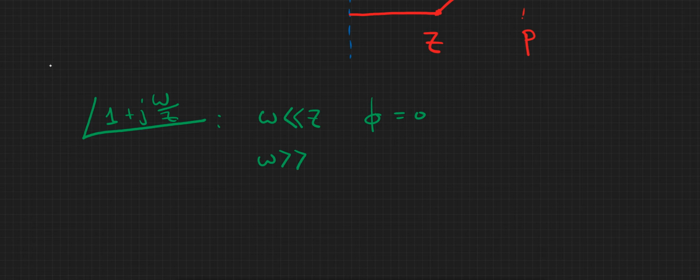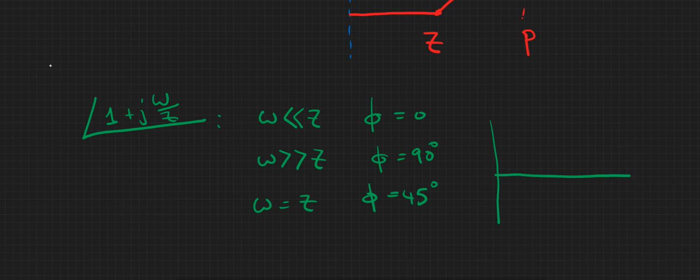When omega is much greater than z, omega over z becomes very large and goes to infinity, so the phase is 90 degrees. And when omega equals z, the phase will be 45 degrees. So this is quite easy.